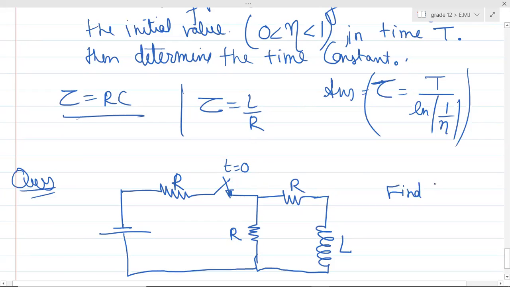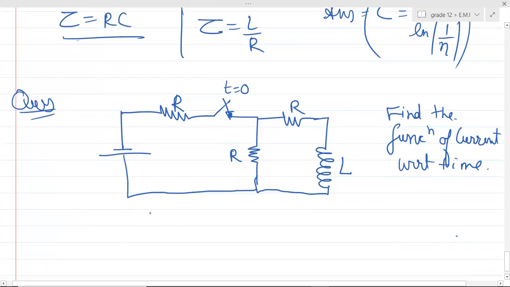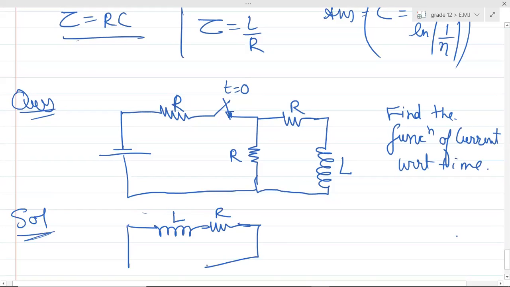Now the question is to find the function of current with respect to time. See, if it would have been a normal RL series circuit, then what would have been your answer, guys? If this circuit was just an inductor and a resistor, then I is equal to I naught into 1 minus e to the power minus t by tau. Yes, find the current in the inductor as a function of time.